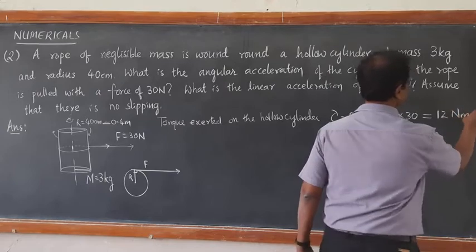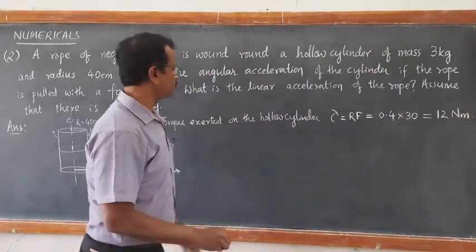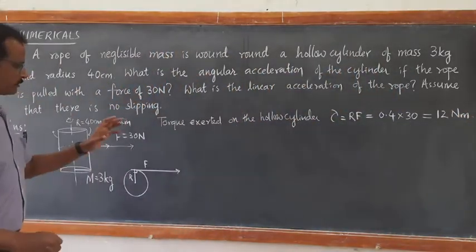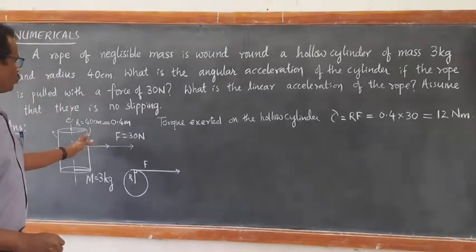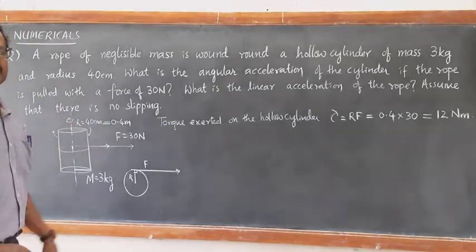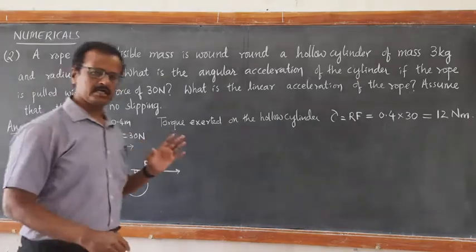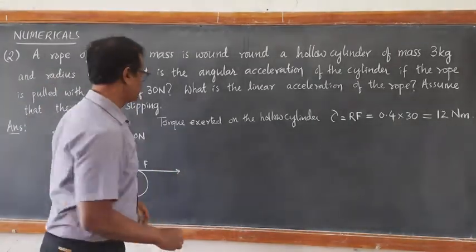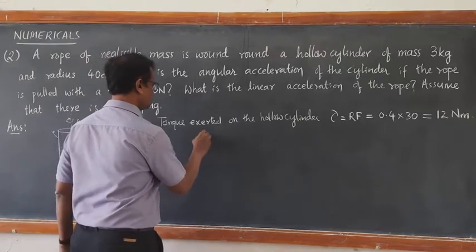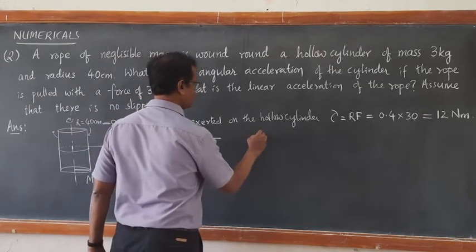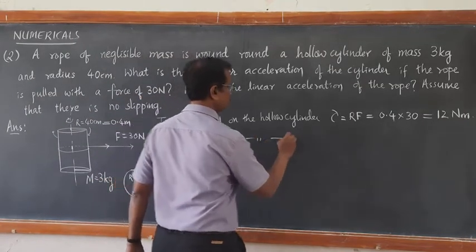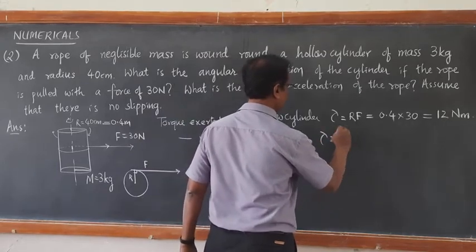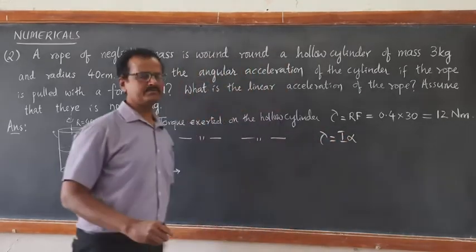Once you calculate the torque, we know the moment of inertia of a hollow cylinder, a standard equation. You can calculate the angular acceleration. Torque exerted is also given by I alpha, where I is the moment of inertia.